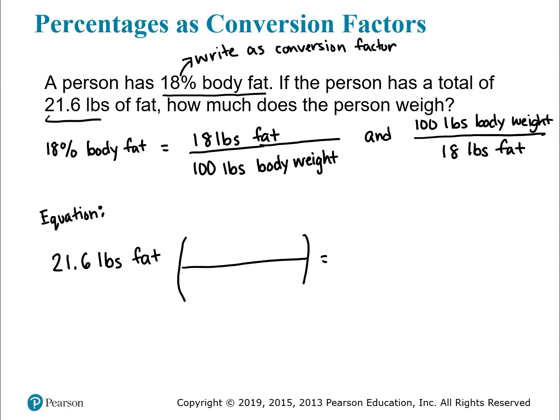Which conversion factor will I use, A or B? I'm going to use B. I know how much fat. I can cancel that out and get body weight.